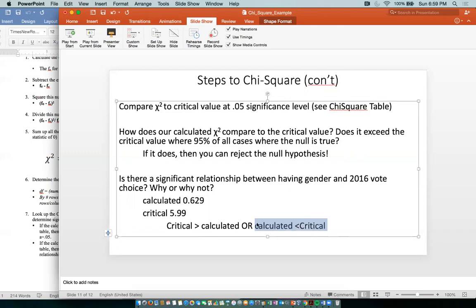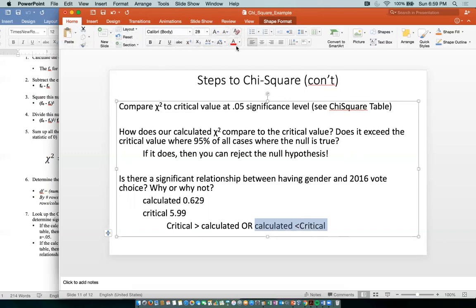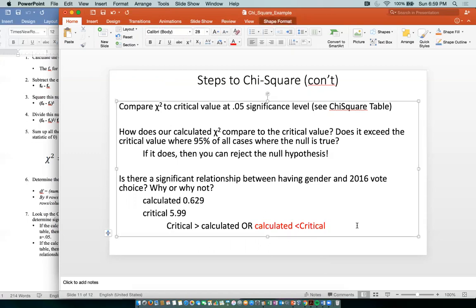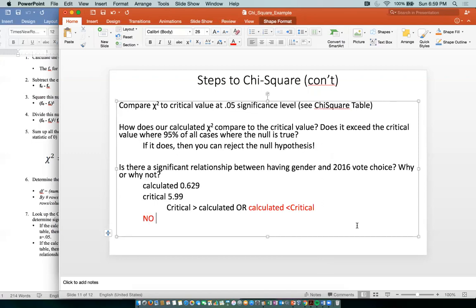We are in a world where our calculated is less than our critical, therefore we cannot reject the null. We fail to reject the null. There is no significant relationship between gender and vote choice. So no relationship, fail to reject the null.